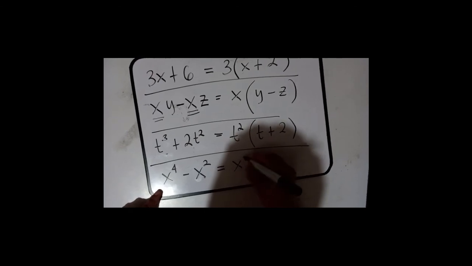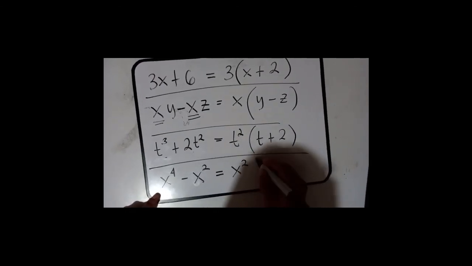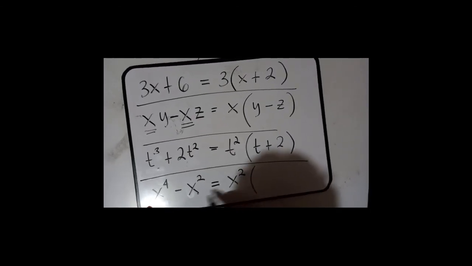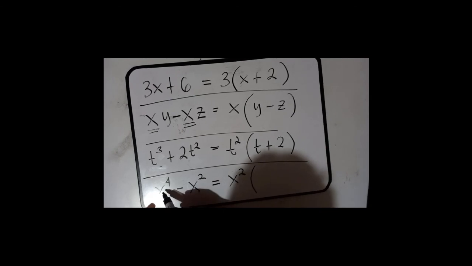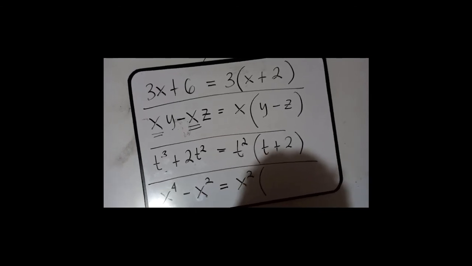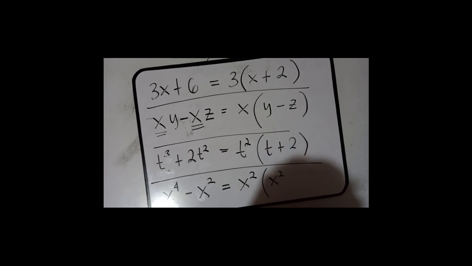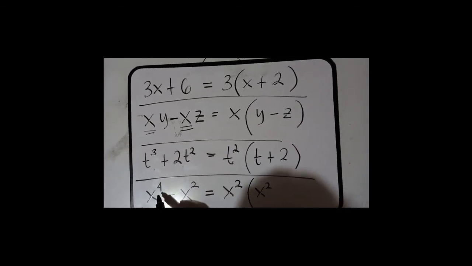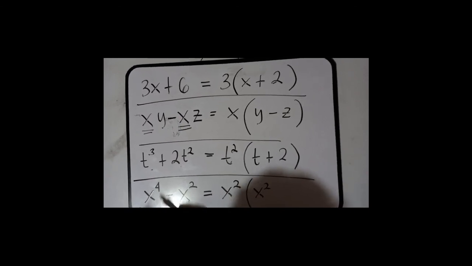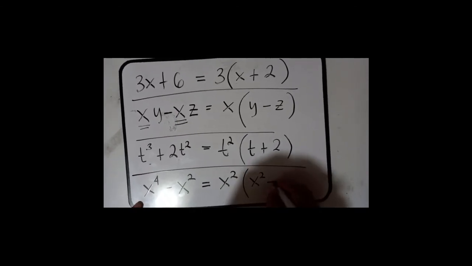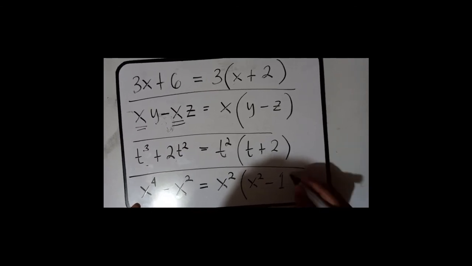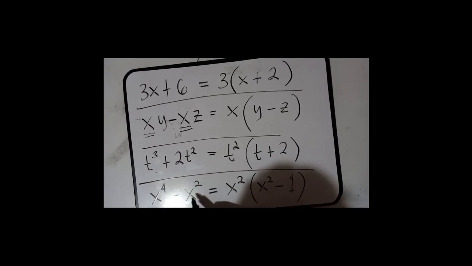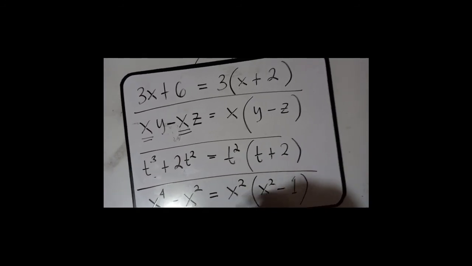So let's try x squared. What exponent of x should we add here so that we can get x to the 4th? So let's add here x squared. Because x squared times x squared will give us x to the 4th power, minus 1. Because x squared times negative 1 will give us negative x squared. Okay, there you go.